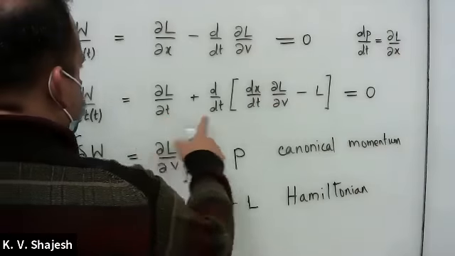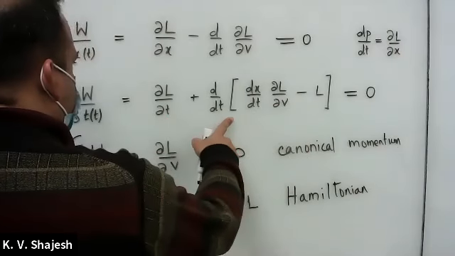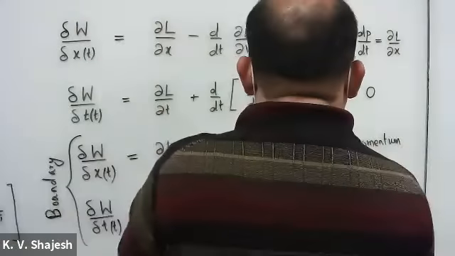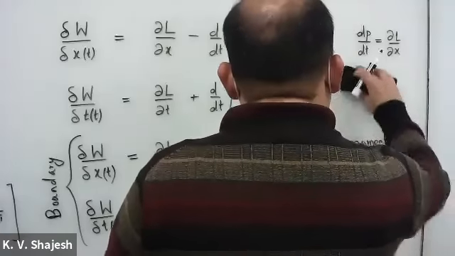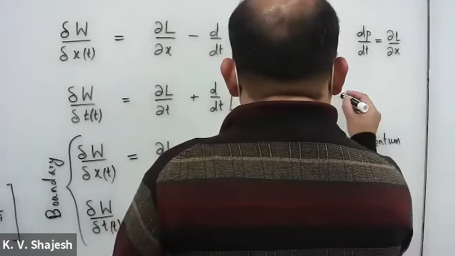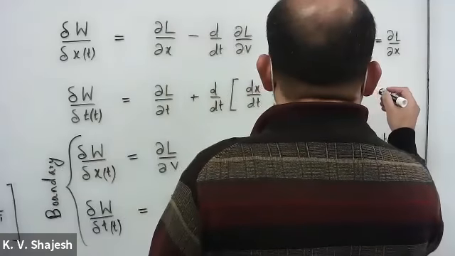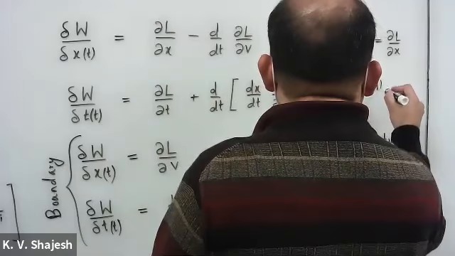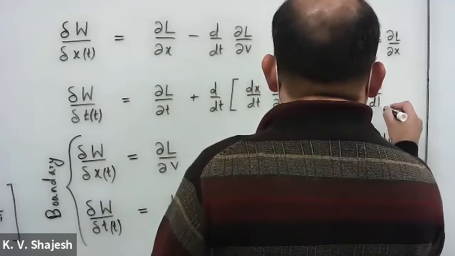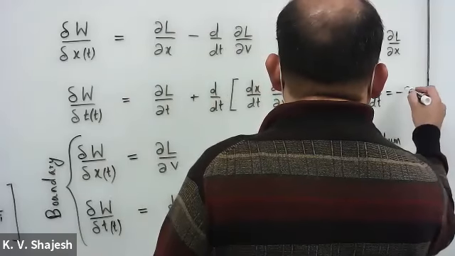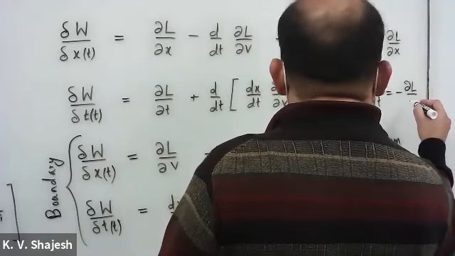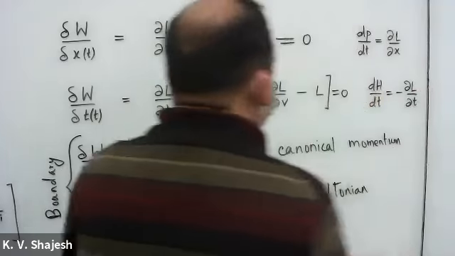Same thing here, since this is the Hamiltonian now, this equation states that dH by dt is equal to minus dL by dt.